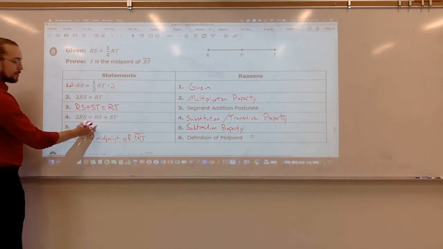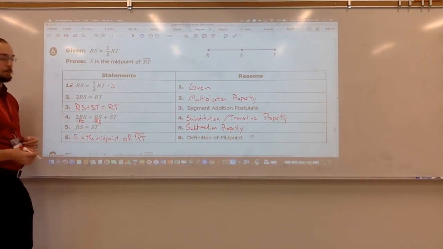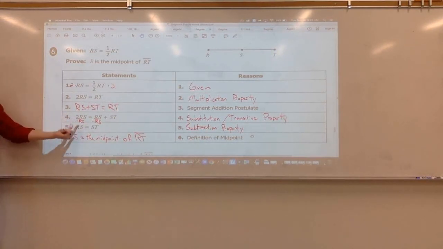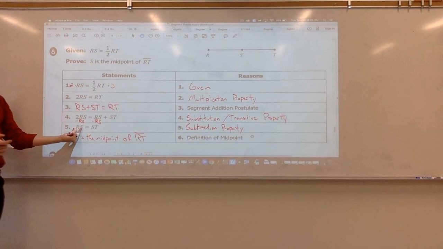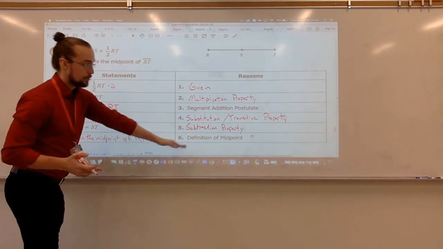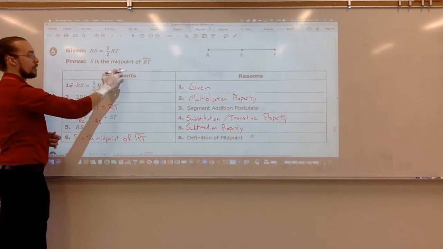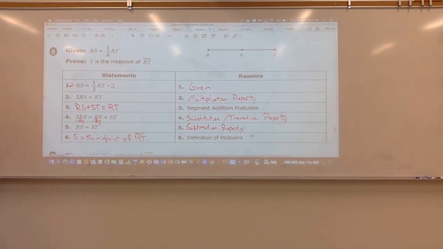Then, from this equation, they subtracted RS from both sides. So then we would just get 1RS equals ST. That's the subtraction property. And then finally they tell me the reason is definition of a midpoint. So I know that my final line should just be what I'm told to prove, that S is the midpoint of RT.